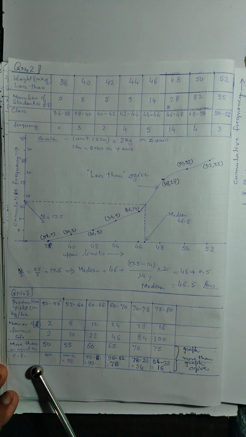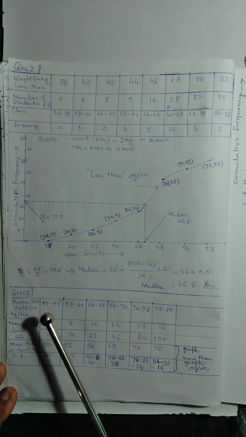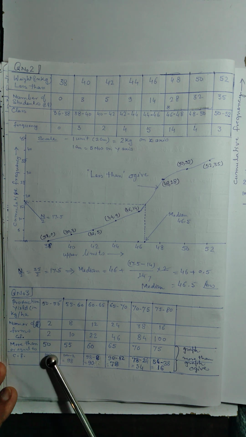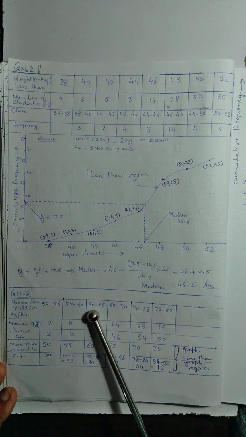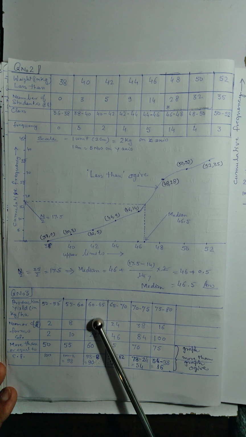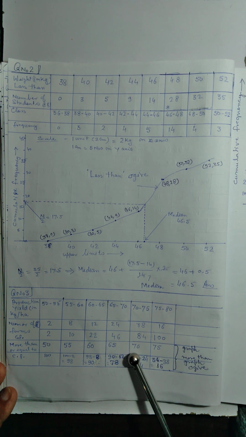In the more than type, we have to take the lower limit, more than or equal to. So I have written here 50, 55, 60, 65, 70 and 75. These are the lower limits.